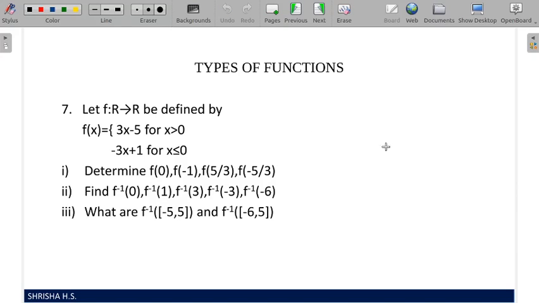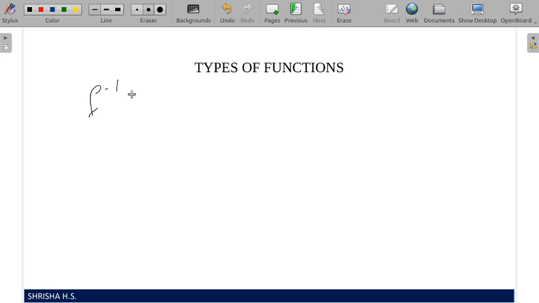Similarly, do the same idea for the next one, f inverse of 6 and 5. Follow the same steps and incidentally you will get the same value.